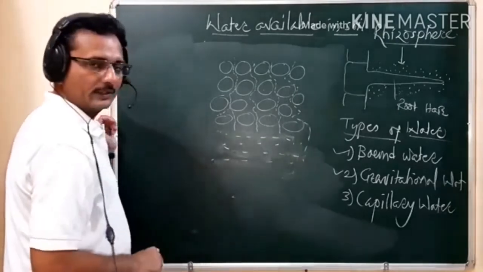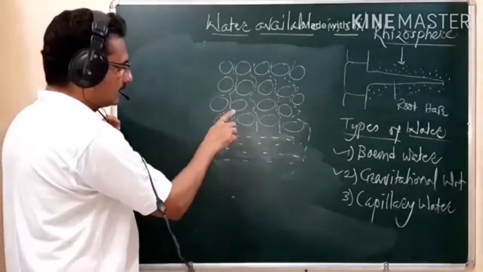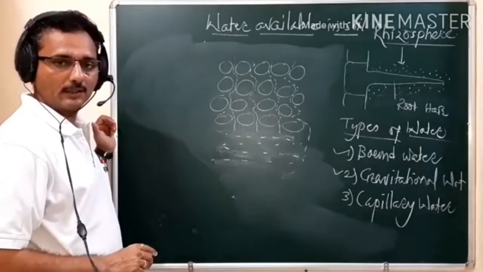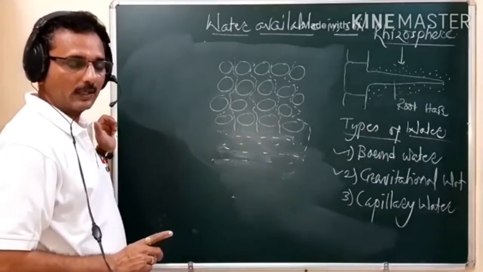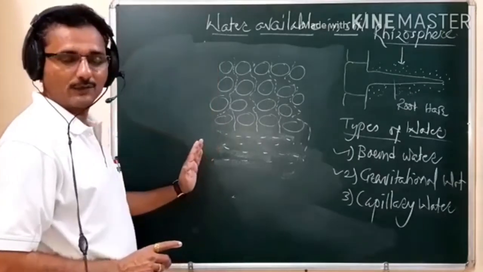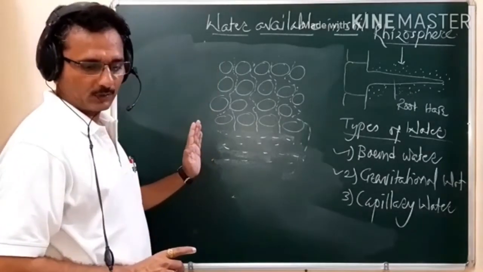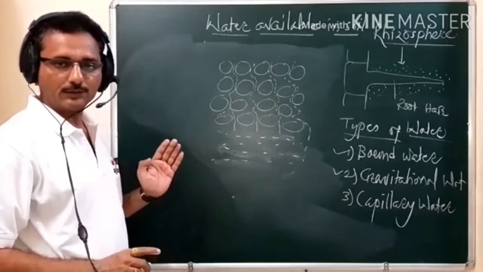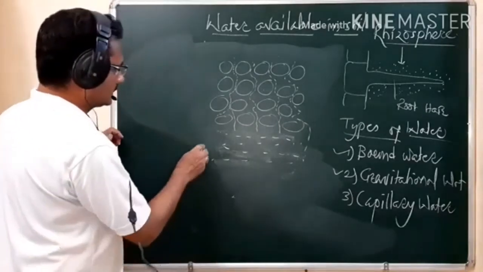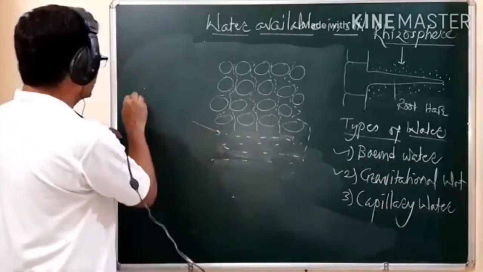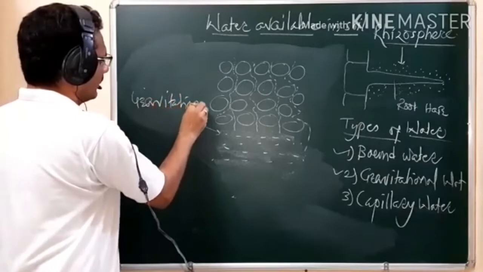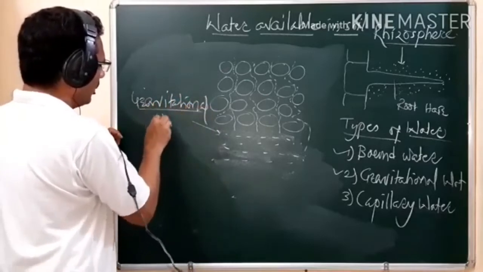So this water is not available to the plant. The entire water percolates down because of gravity. Such a type of water is called the gravitational water.